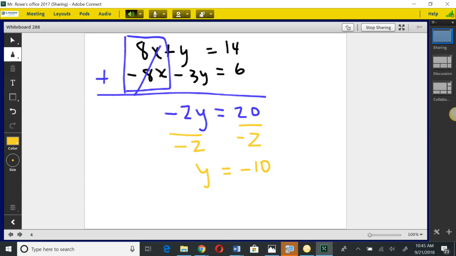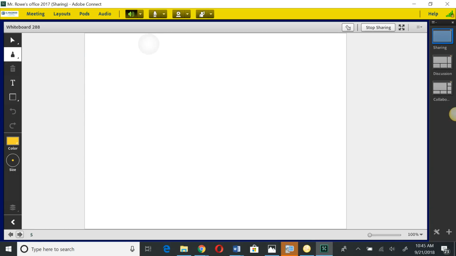So now again, I'm going to pick one of the equations. Again, it doesn't matter which one. I'm just going to pick this one again because there are no negative values in front of x or y. No particular reason, just that. So I've got 8x plus y equals 14. I know that y is negative 10.